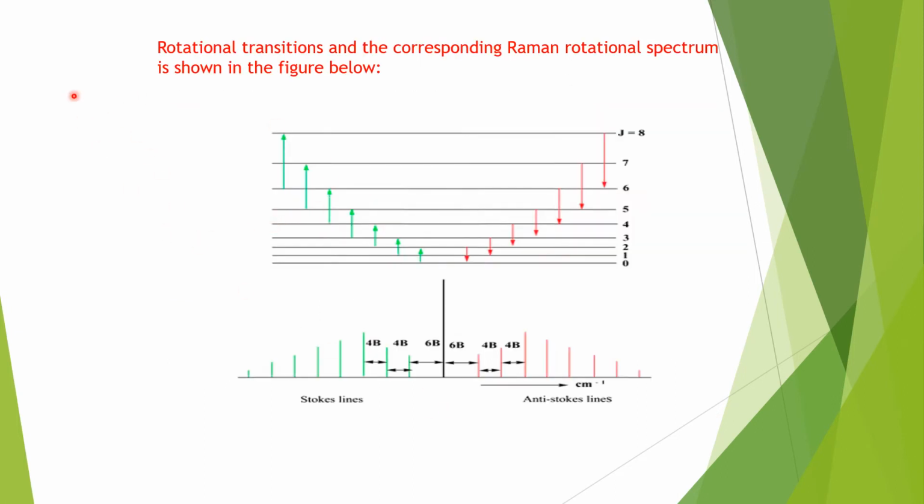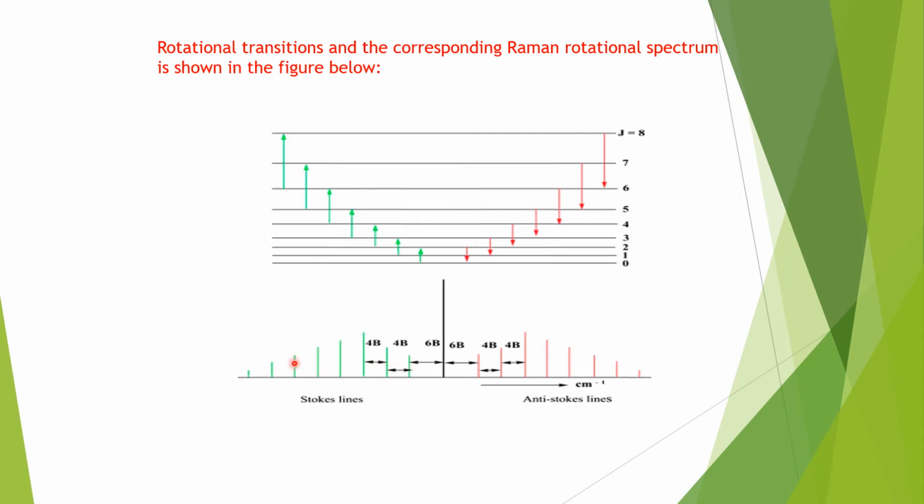Here this following figure shows the rotational transitions and the corresponding Raman rotational spectrum. As you can see here, this is the Rayleigh line, and the first Stokes line and the first anti-Stokes line are separated by 6B centimeter inverse from the Rayleigh line. Whereas the next subsequent lines, in case of Stokes line as well as anti-Stokes line, are equispaced. You can see the equal distance between them and they are separated by 4B centimeter inverse.